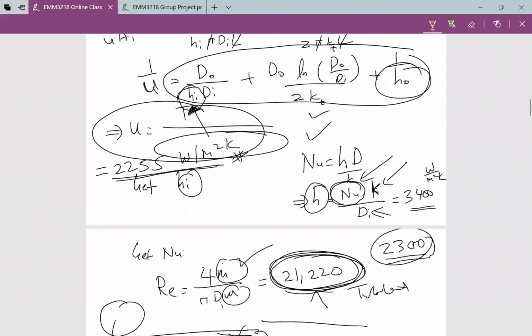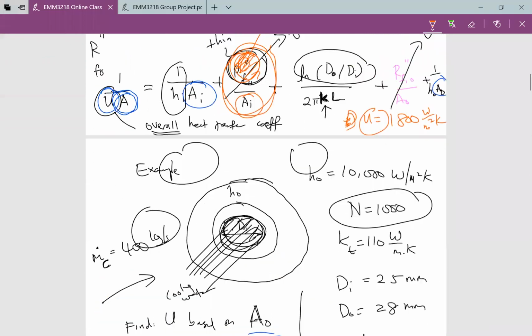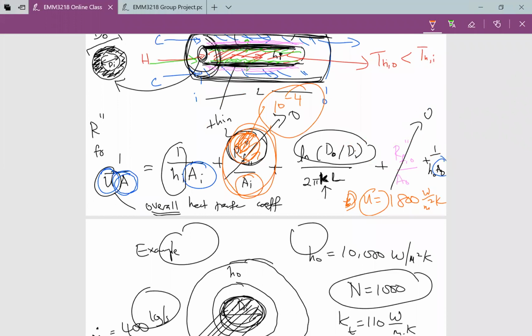Initially, it was 2255. This is for the case of a smooth surface without fouling. Then over time, when there's fouling resistance, the coefficient is reduced to 1800.